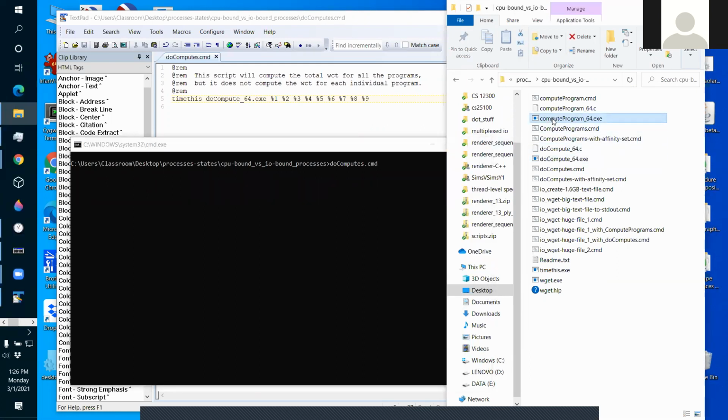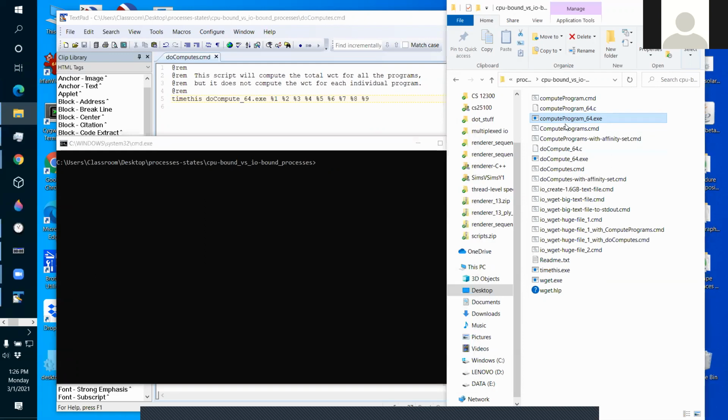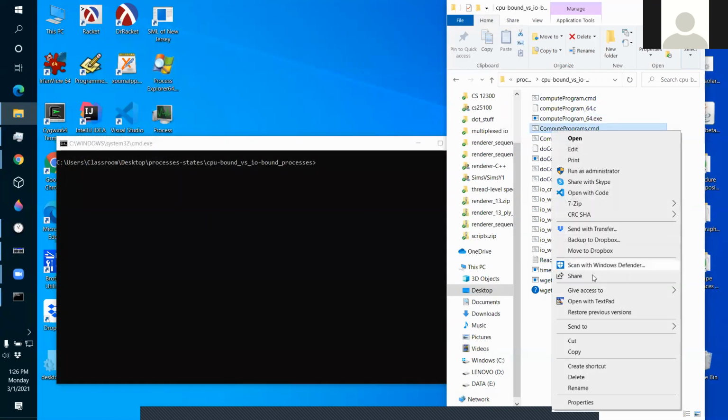I'm running the wrong batch script here. When you run this program with this batch script, you time the individual copies of this one, but not the whole thing. So I want to look at not do compute. That's the next one I want. But right now I want to look at compute programs.